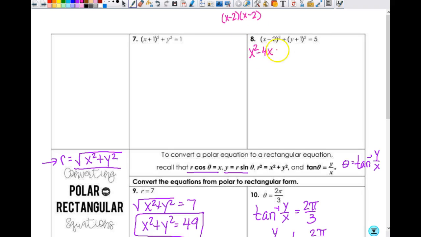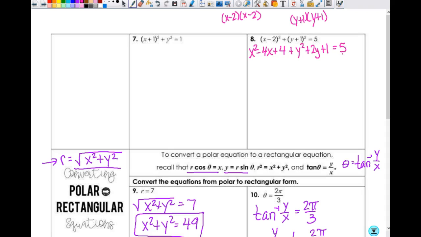And then negative 2 times negative 2 is a positive 4. FOIL, yes. And so this is y plus 1 times y plus 1, right? So this is y squared plus 2y plus 1, all that equals 5.